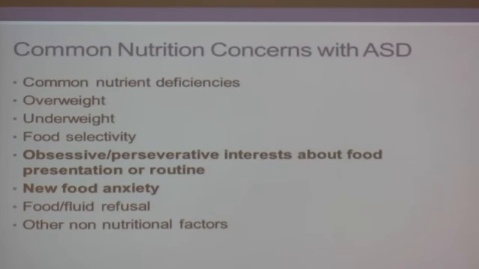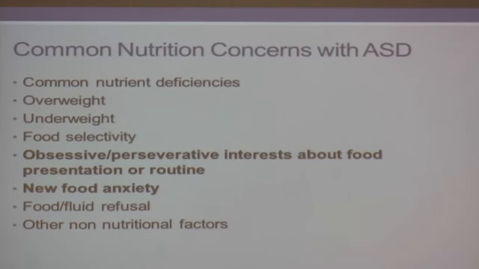All right, can anyone think of any situations or examples of obsessive or perseverative interests about food? Yes? I had one student that only wanted to eat something that was always orange. Okay, so only orange foods. Right, exactly. Were there any situations where the child is always thinking about when's the next meal coming?